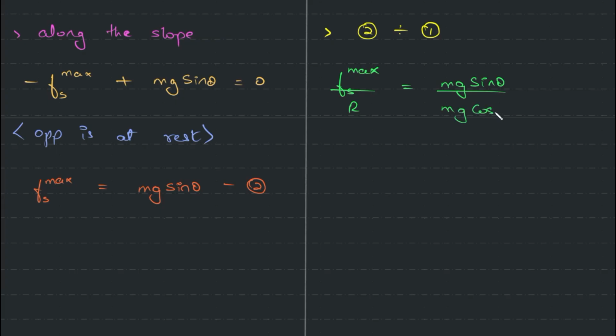If you guys are not able to picture this, please draw, go back, draw and come back to this point. mg and mg cancel and we have tan theta is equal to this particular ratio, and this ratio is nothing but mu s. So basically angle of repose is same as angle of friction.